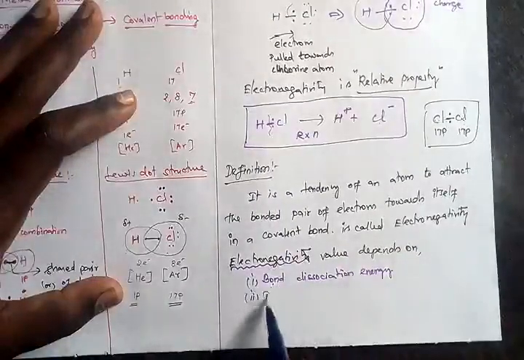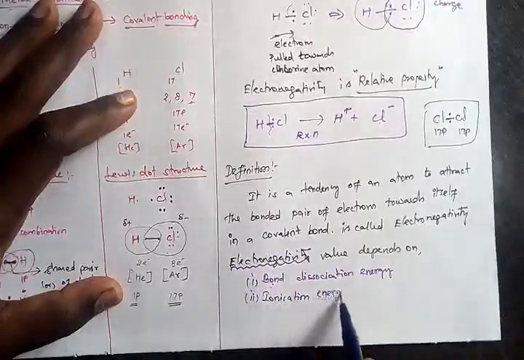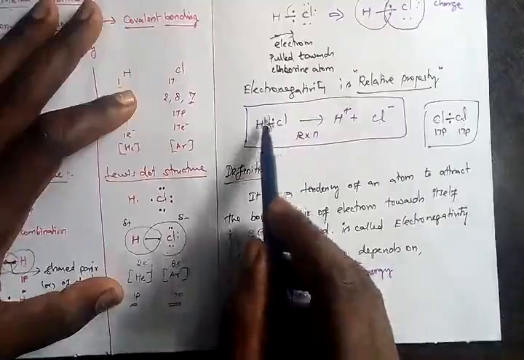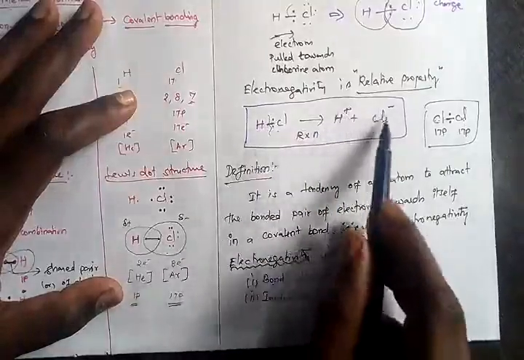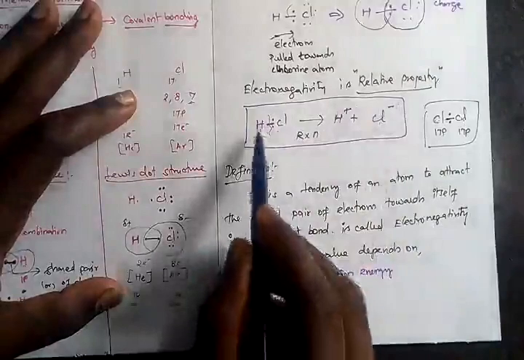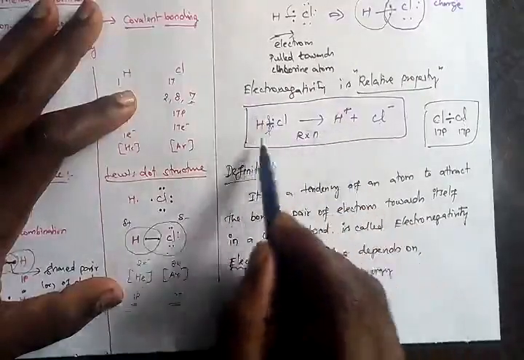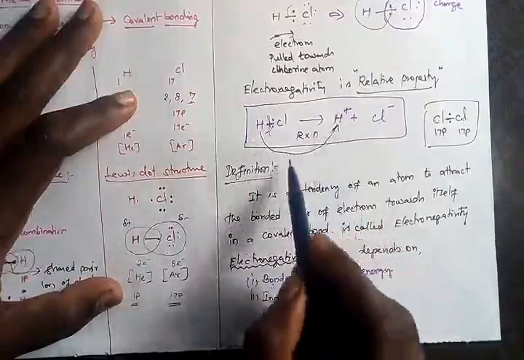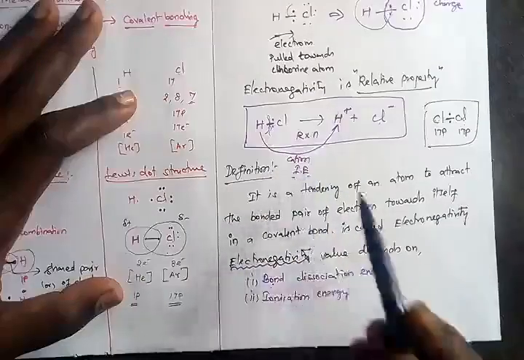Next is ionization energy. Why? Because once the bond is broken, one end goes as a plus, another end goes as a minus. So it involves ionization energy, right? The hydrogen acts like ionization energy. You just look at this process. This forms a cation, so it is the IE process, ionization energy.